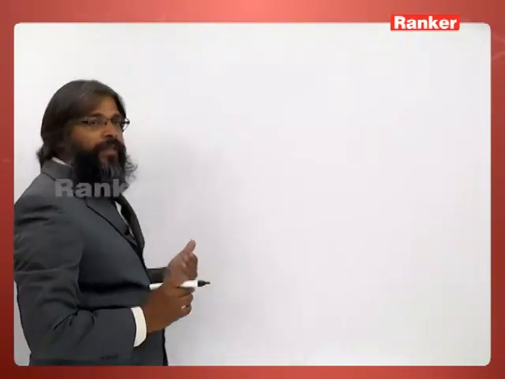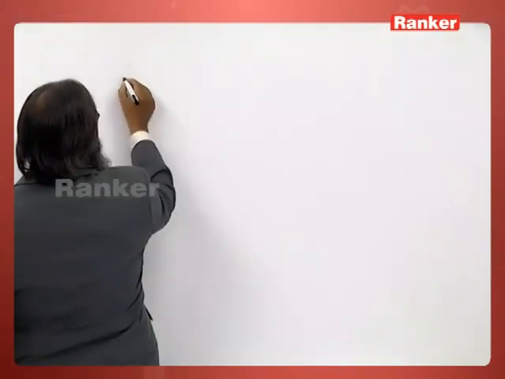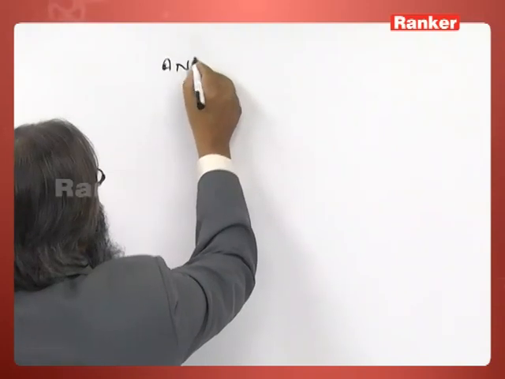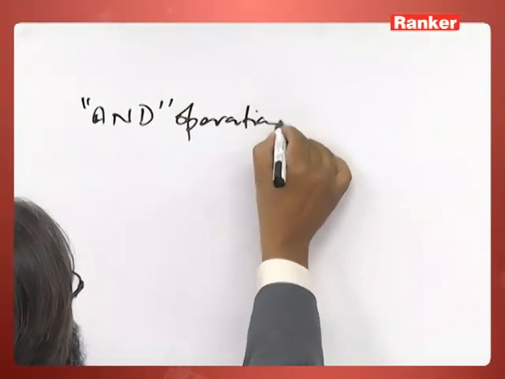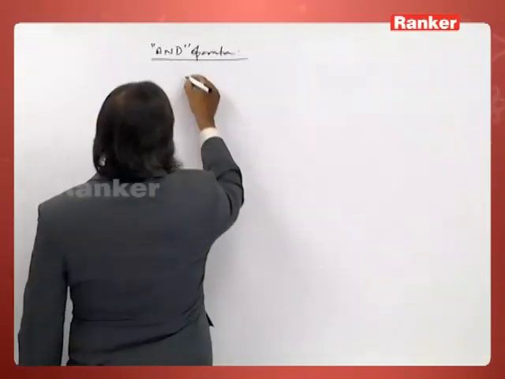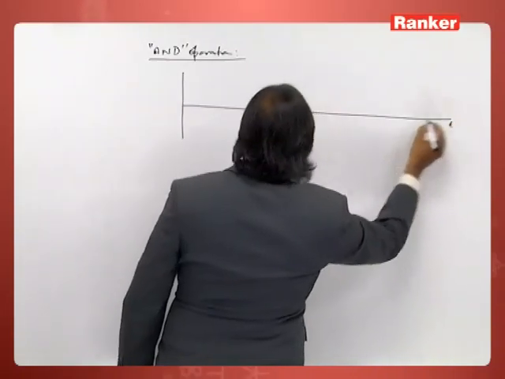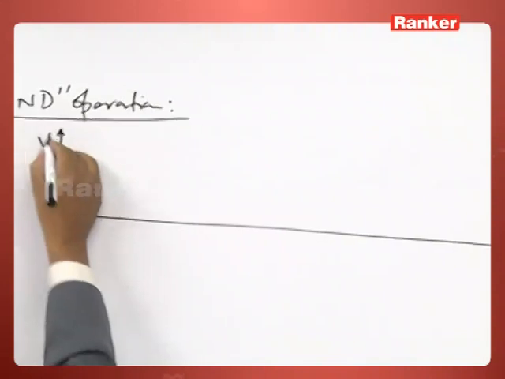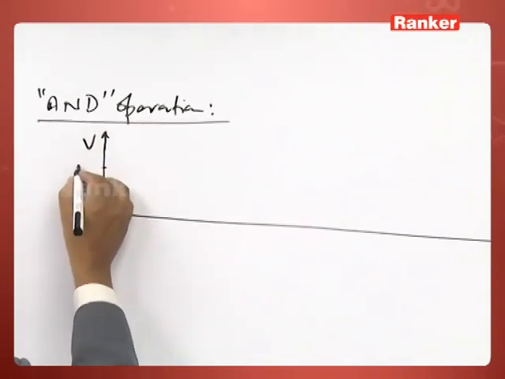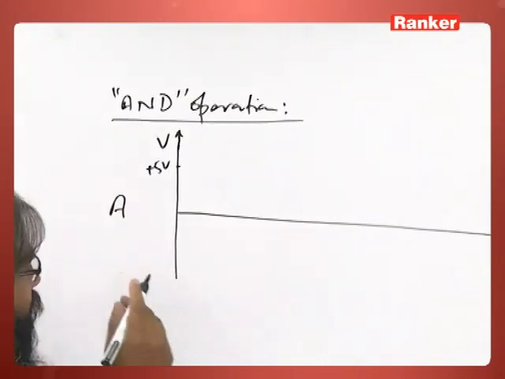Now let us see this AND operation in the waveform. So here we are going to give the signal A, and this is time. Here voltage is plotted, and suppose I say it is plus 5 volts, and here A is there.